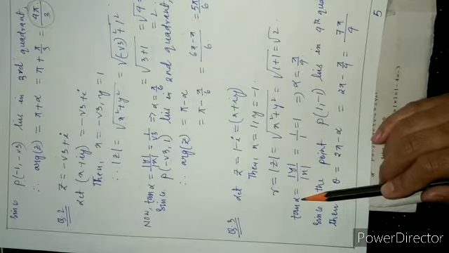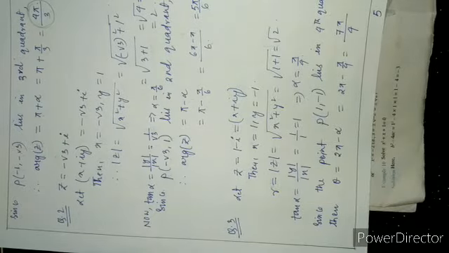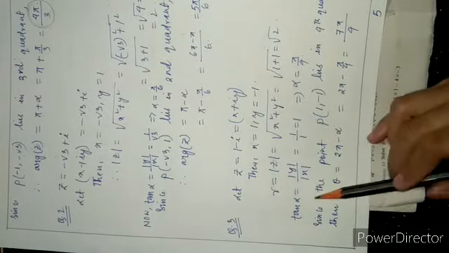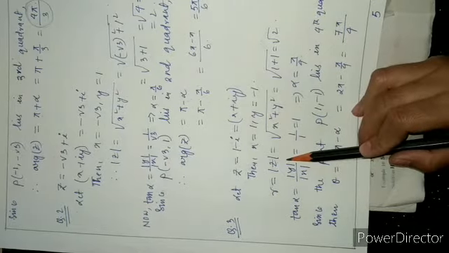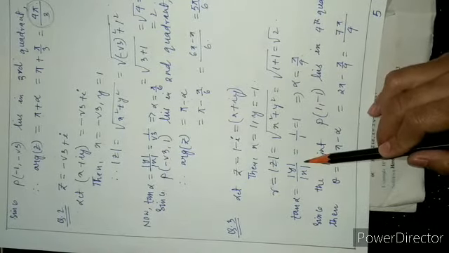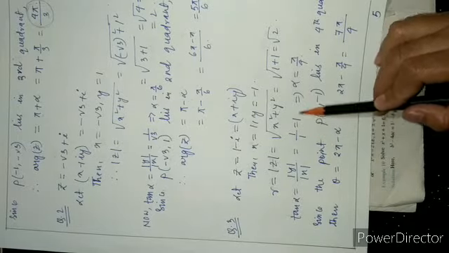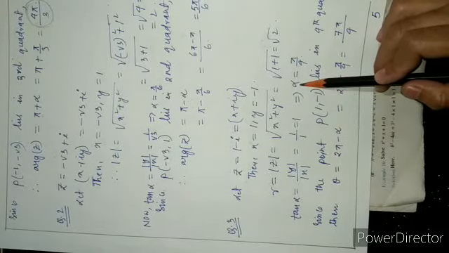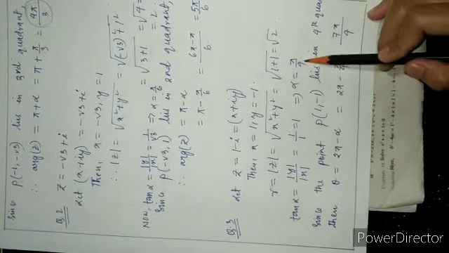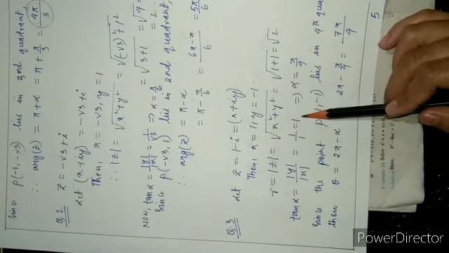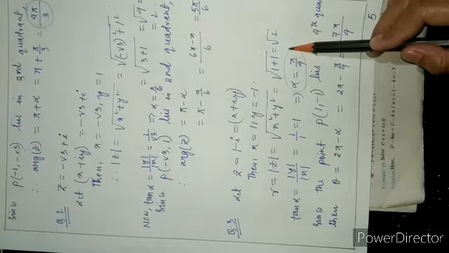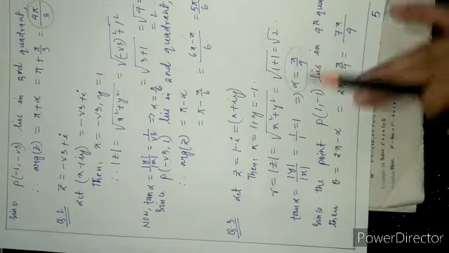Then find tan alpha. Tan alpha is equal to modulus of y divided by modulus of x, which is equal to 1 divided by 1, which is equal to 1. And so this alpha is equal to pi by 4. Since tan alpha is 1, the angle is 45 degrees, which in radians is equal to pi by 4.